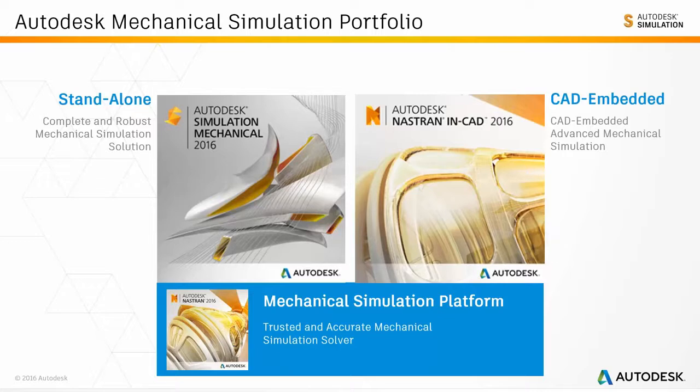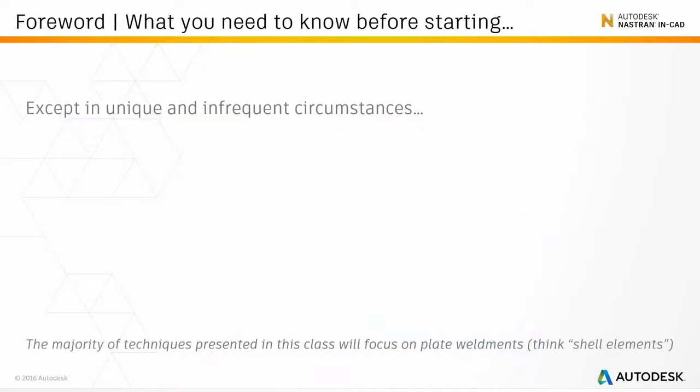An embedded tool, a CAD embedded tool, not only available for Inventor but also available for SolidWorks users as well. And then a standalone solver. The Nastran solver comes as a standalone product as well, in which case you would use it with your own pre and post processor. In essence, using the In-CAD version, you're effectively using the same solving capabilities that have been given access to you by using Inventor or SolidWorks to do your pre and post processing.